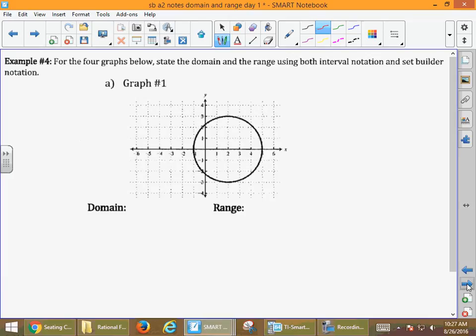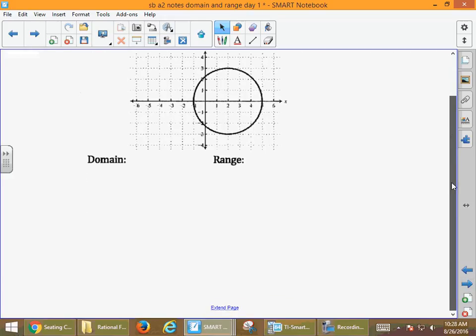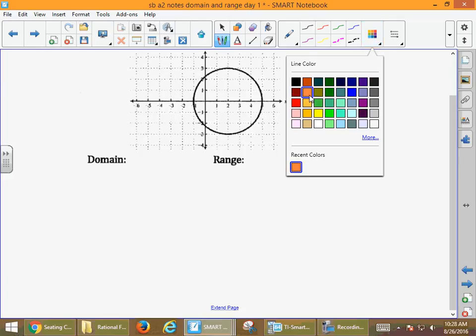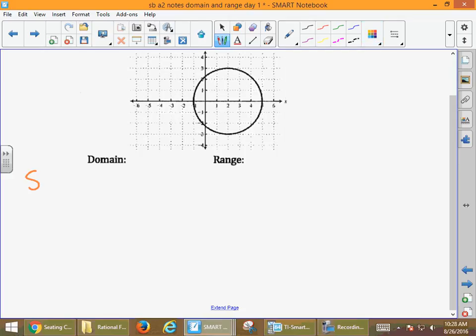So as we finish here with these last 4, again, looking at the maximum and the minimum values is helpful. When we're dealing with the domain, we're going to do both set builder notation and interval notation. If you have glanced at your notes or your homework, you're going to see some notation of SB for set builder.